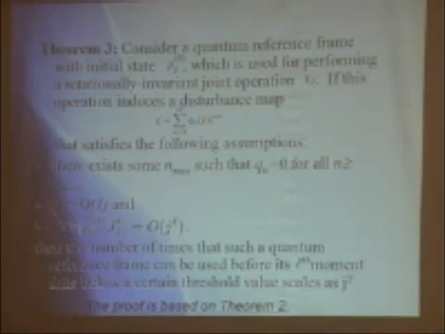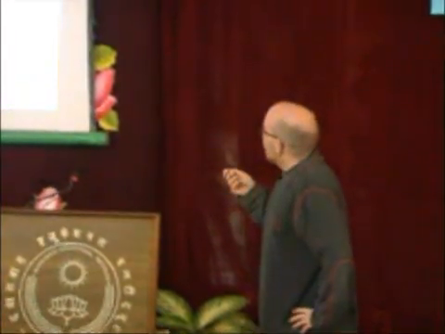The main point now is that we're considering different quantum reference frames, so we're increasing the dimension of the reference frame. Then we apply a map chi that depends on the dimension of my quantum reference frame, and I'm trying to perform some task with it, which can be defined quite arbitrarily.